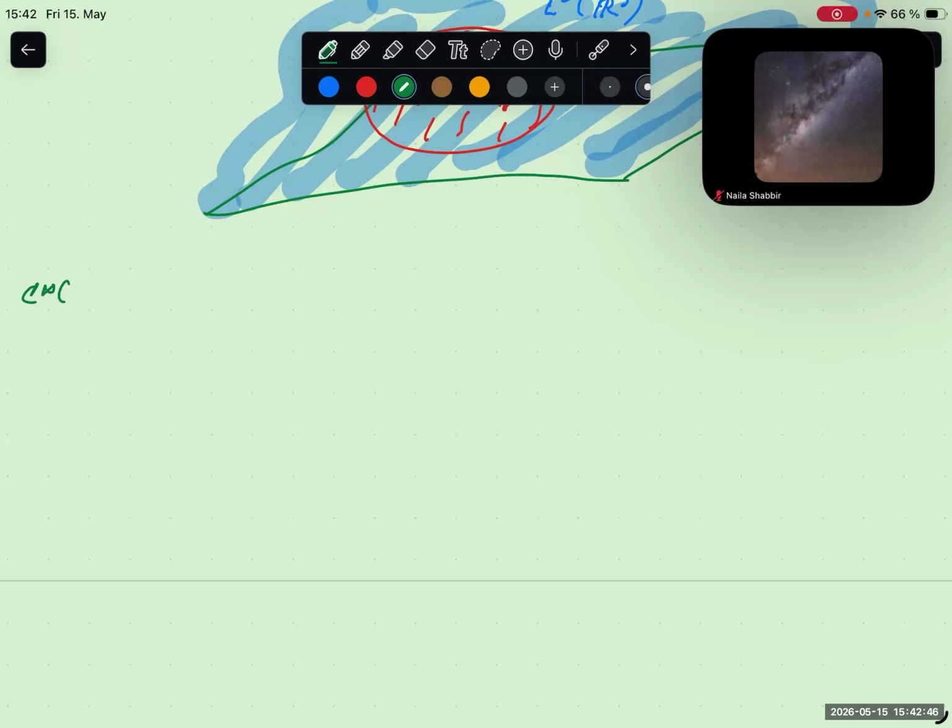I consider a non-empty open subset U of R^d, and we work with K, and U is of course a non-empty open subset. My convention is that this can be equal to K, so I don't want to write it always.